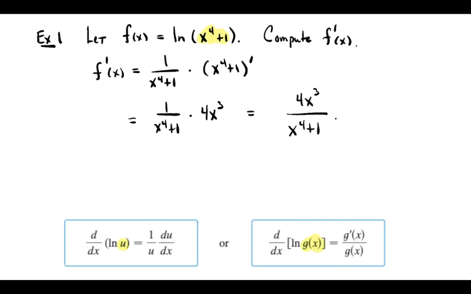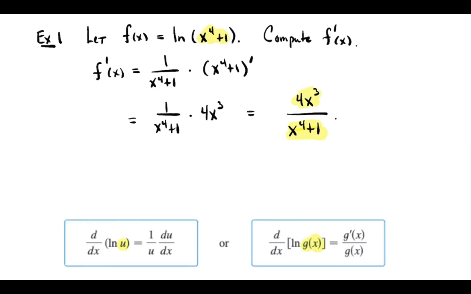The derivative of the log of u is always 1 over u times du dx, or the derivative of log of g of x is g prime of x over g of x. Here's your g of x, x to the 4th plus 1, and there's its derivative, g prime, 4x cubed. So logarithms always have this pattern. Just like exponentials, the derivative of e to the g of x is e to the g of x times g prime, the derivative of log of g of x is g prime over g. Important pattern to catch on to.